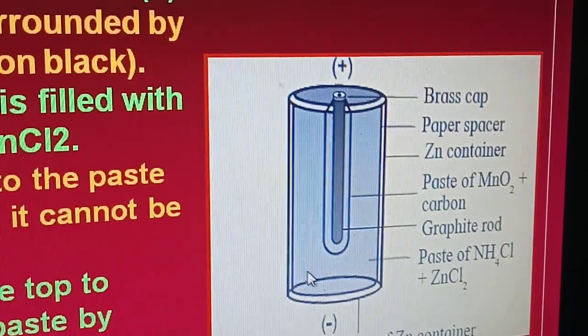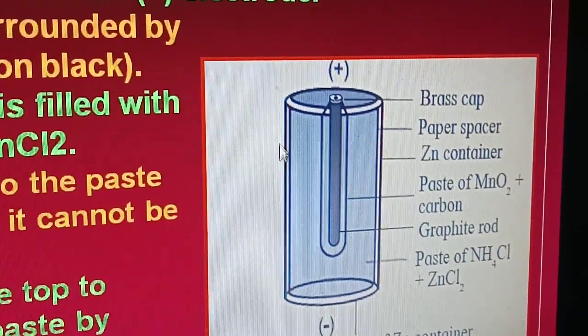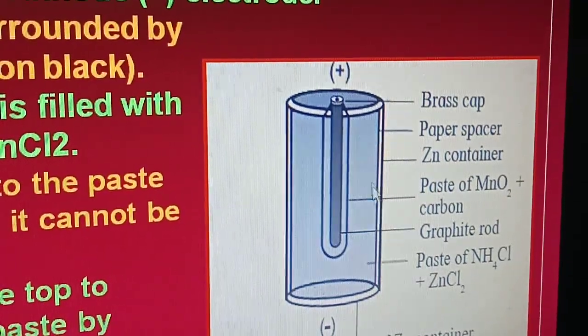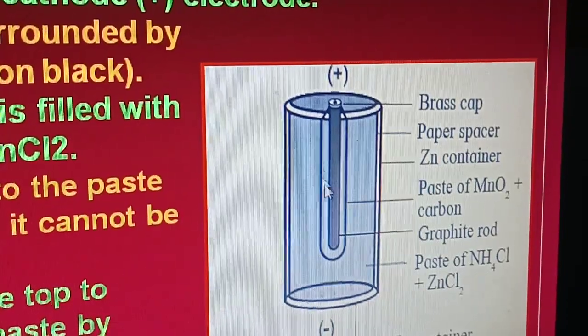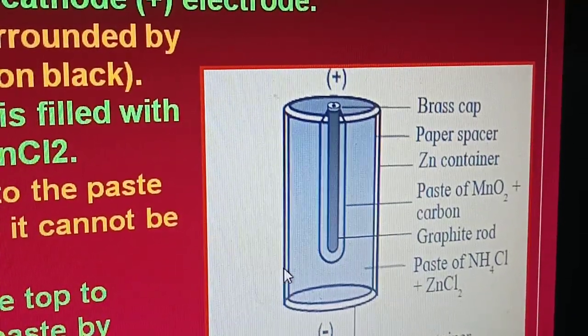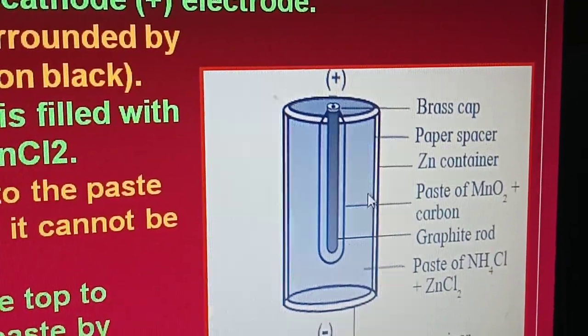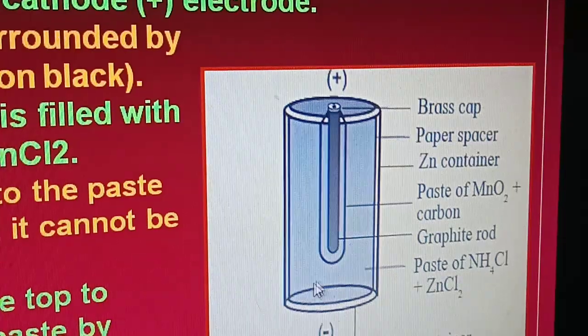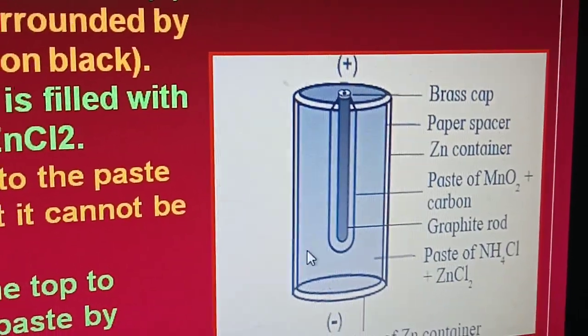The remaining space is filled with a paste of ammonium chloride and zinc chloride, and some amount of starch is also added to this paste so that it remains moist, and as starch is colloidal, the substances may not come out of the cell.